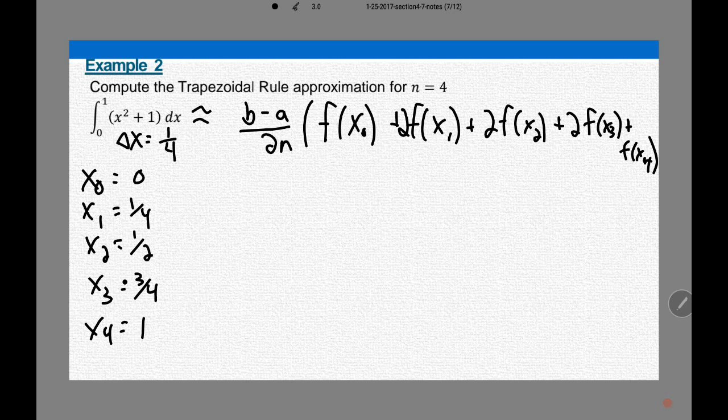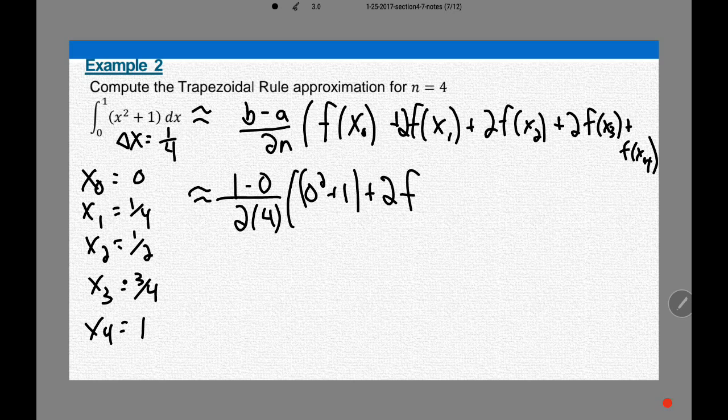So now we just have to do our substitution into this formula, and it's not too bad. We do 1 minus 0 over 2 times 4. We do our function at 0, so 0 squared plus 1. We do 2 of our functions at 1/4.